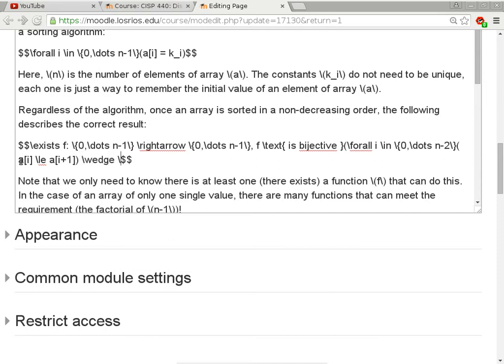So we'll do a wedge, and we'll close parentheses, for all i, and 0 dots, and minus 1 in this case, so I can cover the last case. A bracket i has to equal k subscript of f of i. Oops. There we go. And I think I need one more parentheses after this. There we go.